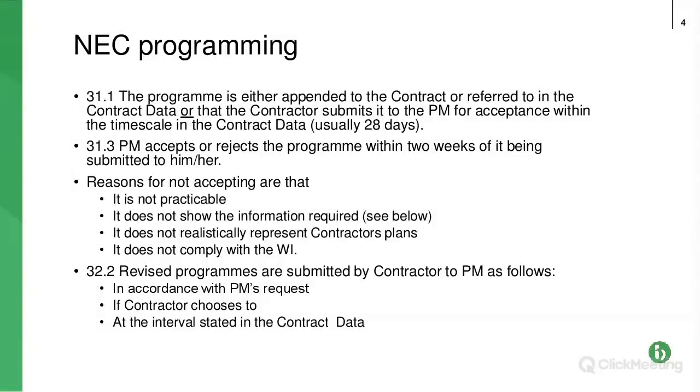So this 31.1 states that the programme is either appended to your contract or appended and referred to in your contract data, or the contractor or subcontractor, whoever is the party doing the work in this contract, has to submit it to the project manager for acceptance within a specific timescale, which will be in the contract data.